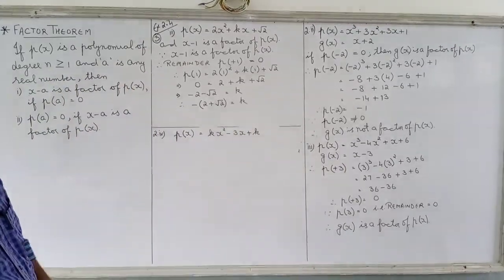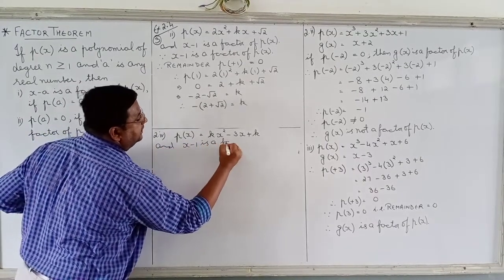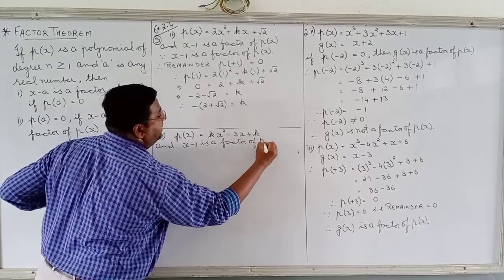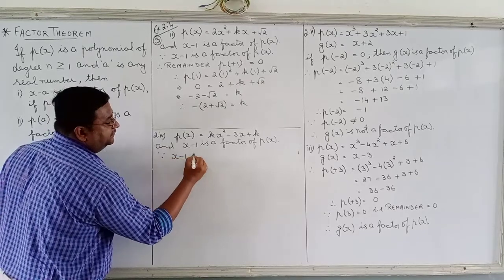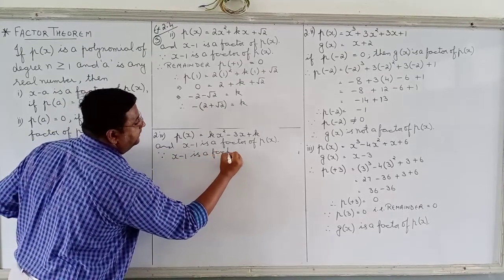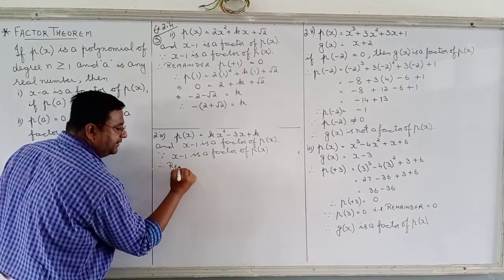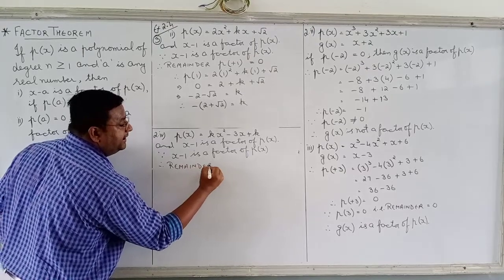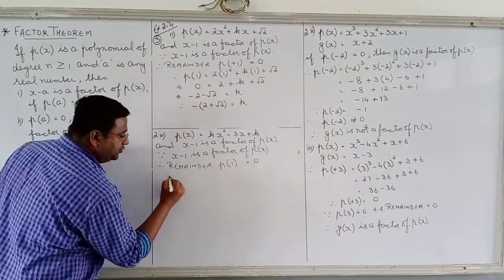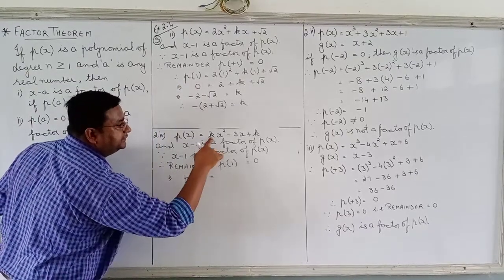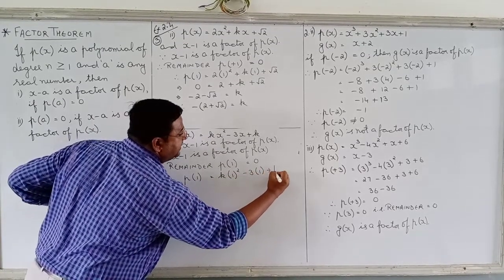Here also x minus 1 is a factor of p of x. Agreed? Because x minus 1 is a factor of p of x, therefore the remainder p of 1 must be equal to 0. k into 1 square minus 3 into 1 plus k.